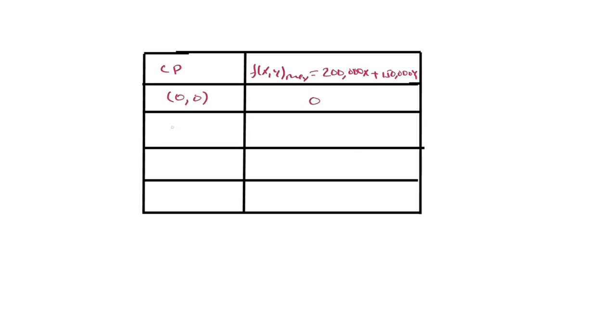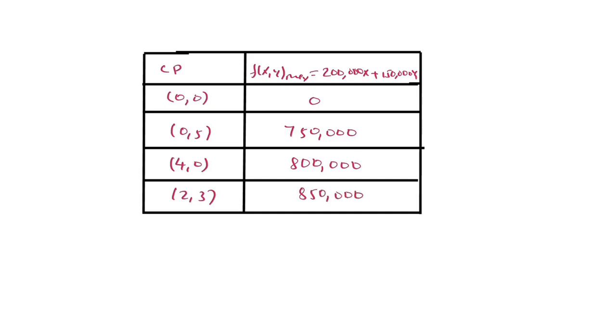Our next corner point is (0, 5); applying it, we have 750,000. Our next point is (4, 0); applying it, the answer is 800,000. Our next point is (2, 3); applying the values, we have 850,000.